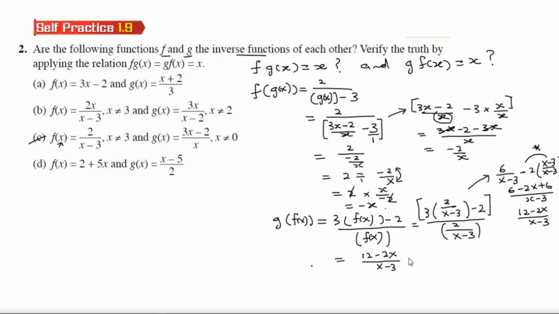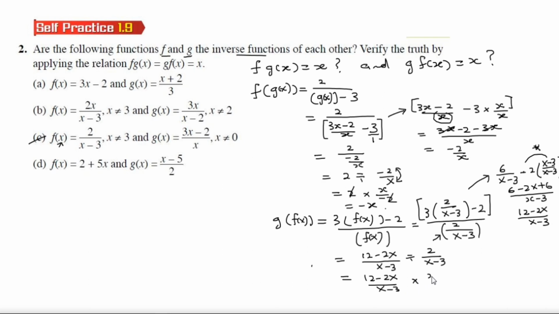Okay, and the denominator you can write this way, divide 2 over x minus 3, and then we continue.